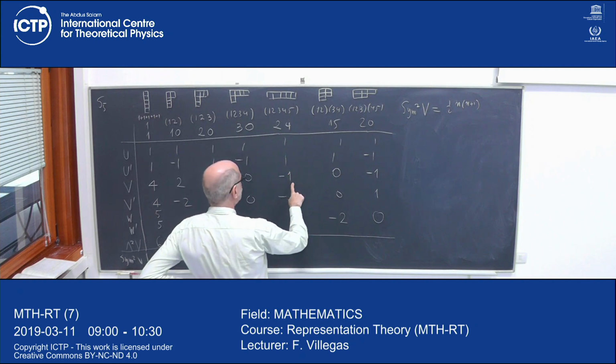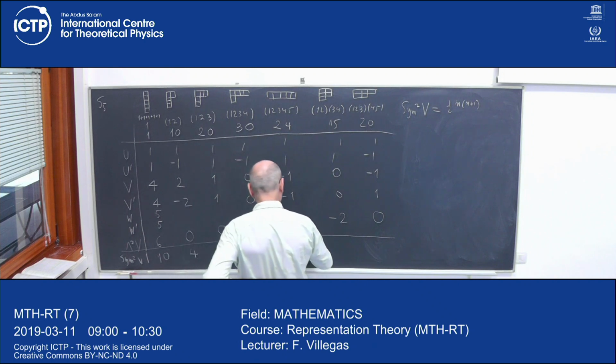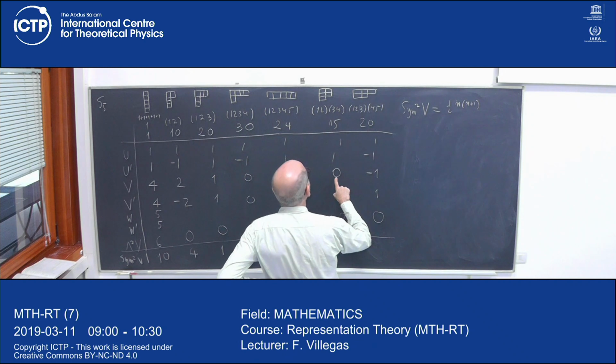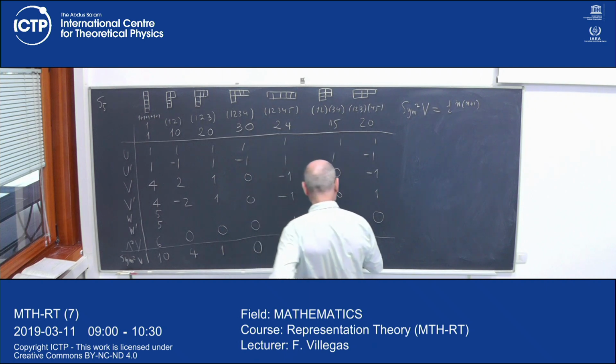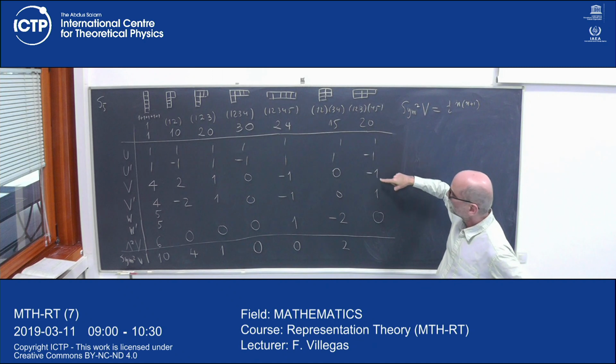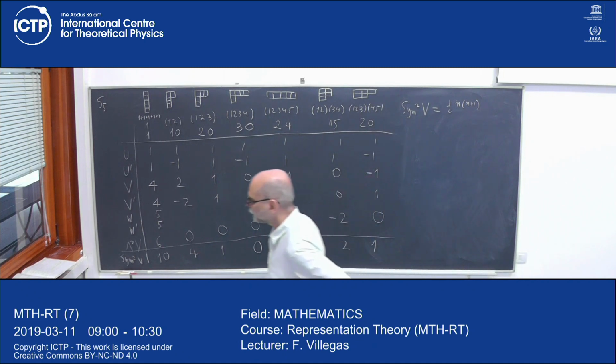Here, minus 1, its square is the identity, so we get 4 plus 4 divided by 2 is 2. This guy's square is a 3-cycle, so we get minus 1 squared plus 1 is equal to 1.